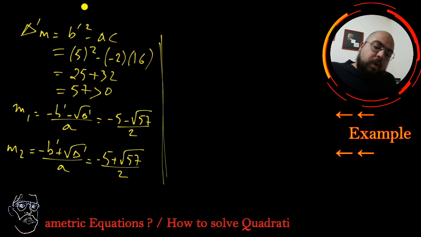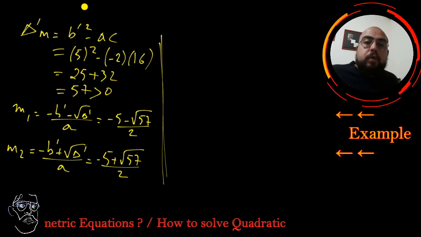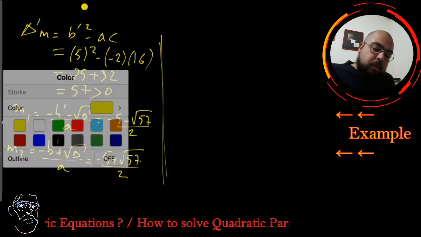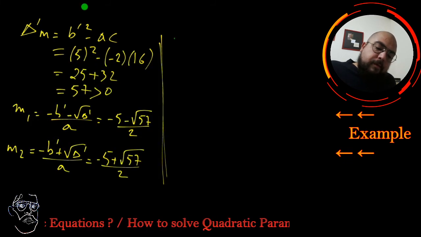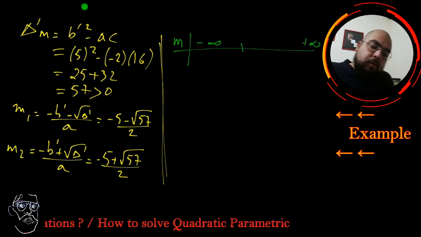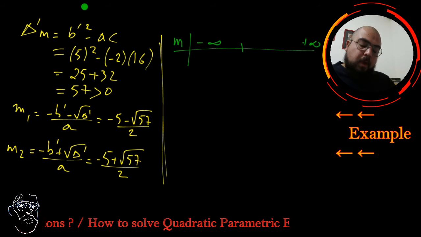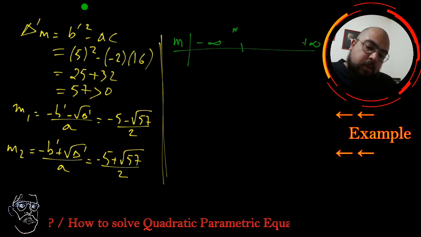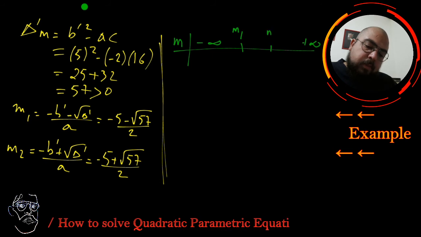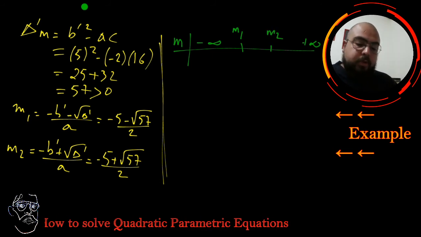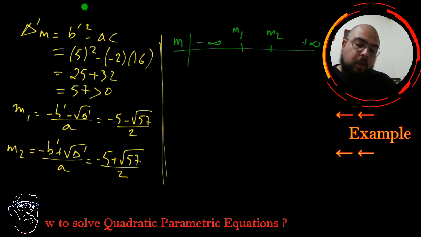Now, once you have done this, you will have to go through a table of sign. So the table of sign will be for m going from minus infinity to plus infinity. I'm going to simply say that this is m1 and this is m2. m1 is smaller than m2 because it's negative.